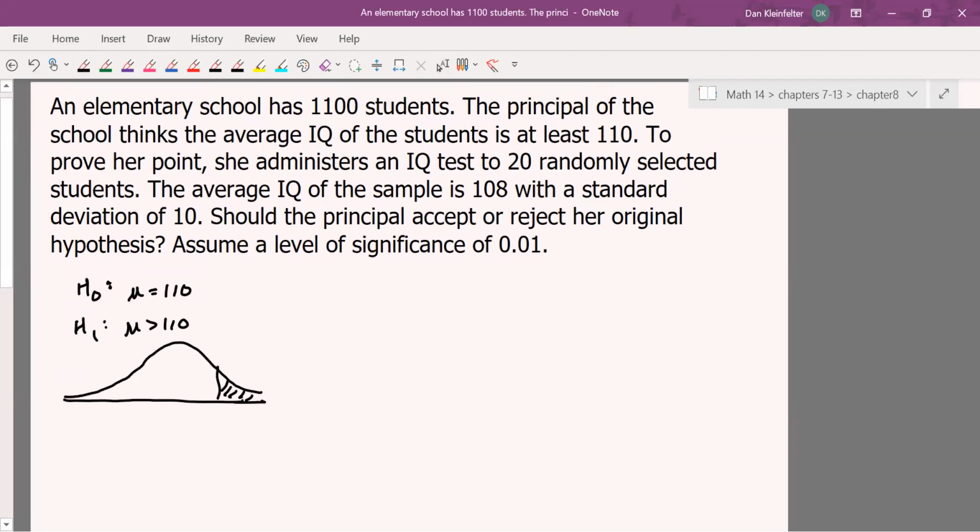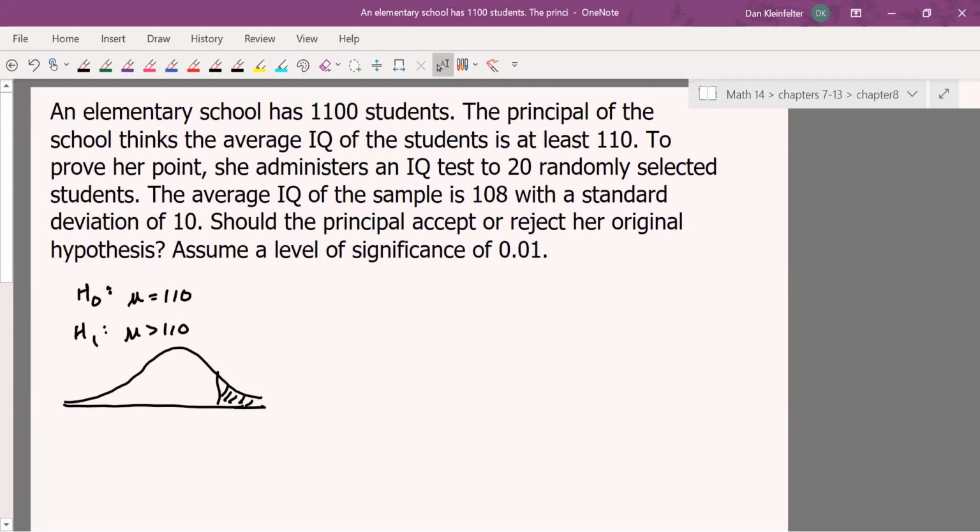And then on this, do we know the population standard deviation, the sigma? Okay, so here towards the bottom, it says the average IQ of the sample is 108 with a standard deviation of 10. It should be clear that that 10 is the sample standard deviation. So we are going to be using t. We have an s of 10, we have no sigma. So we'll be using the t distribution.